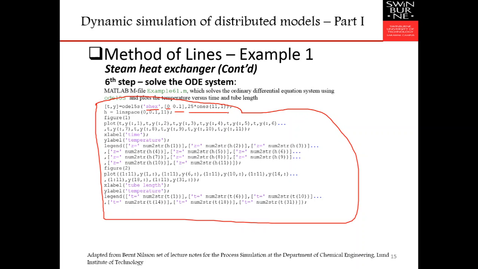This one is the initial value of the temperature, and h is a matrix. In this case, we use an internal grid of 11 points, and we want to solve from 0 until 0.1. Then we create two figures here. The figures are shown in the next slide.